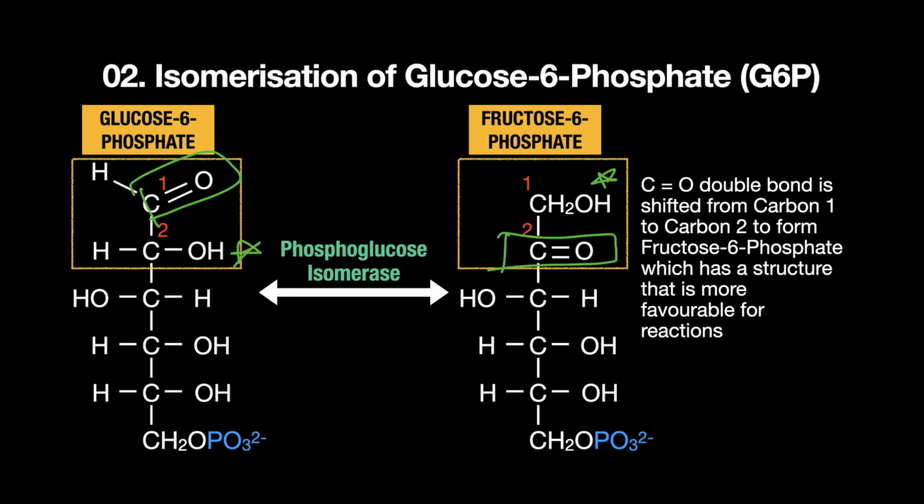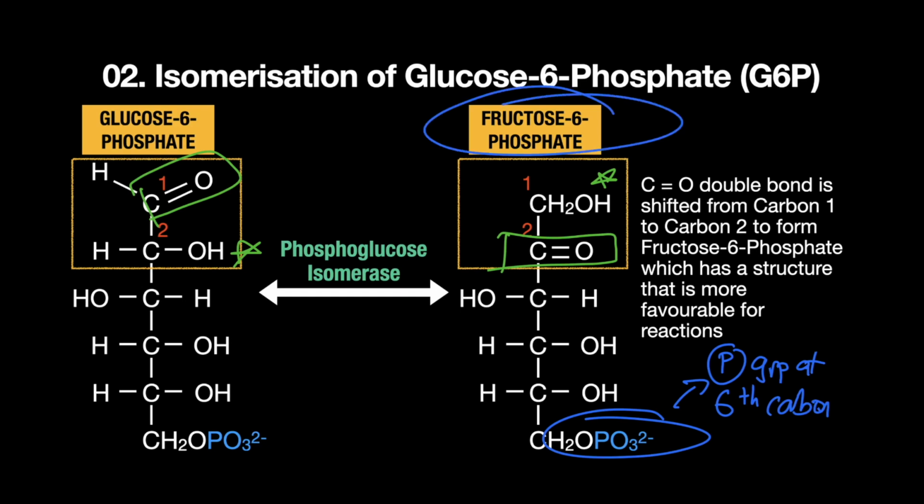This is because by swapping the C=O of carbon 1 to carbon 2 in glucose 6-phosphate at the left here, now the structure is similar to that of fructose. Isn't that lovely? And since that has a phosphate group at the 6th carbon, it is called fructose 6-phosphate.